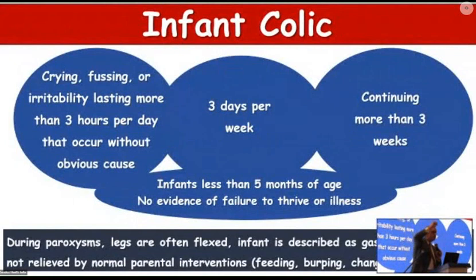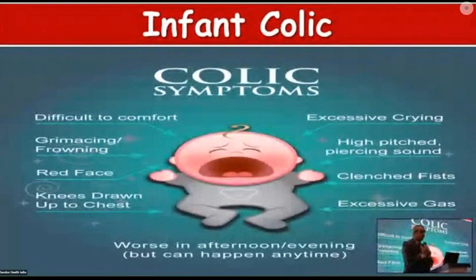This should occur at least 3 days per week and continue for more than 3 weeks. Okay? This should happen in infants less than 5 months of age, and there is no evidence of failure to thrive or any illness.